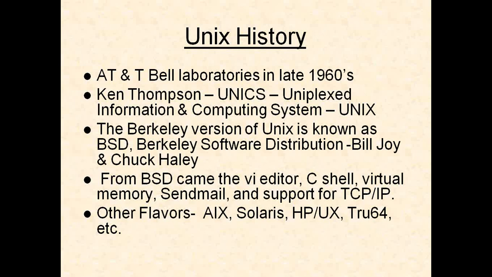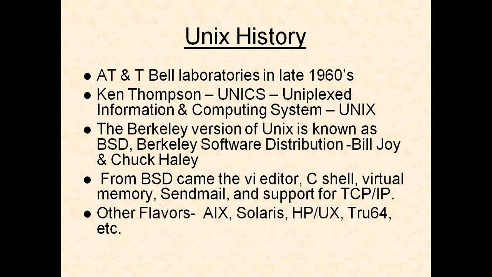And earlier we used to have another company called True64, which developed its own Unix flavor, also called True64. But around 5 to 6 years back, this operating system was removed, or I mean to say that the company was shut down.